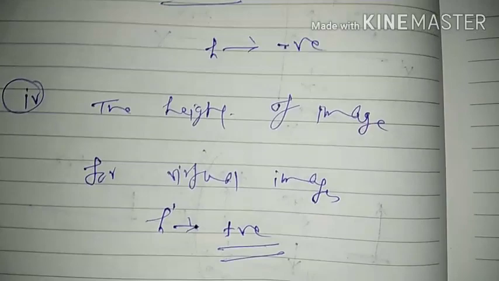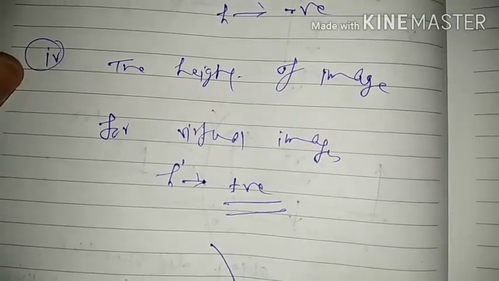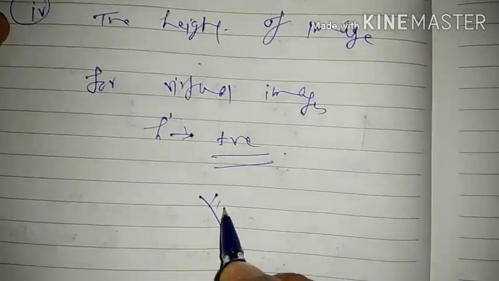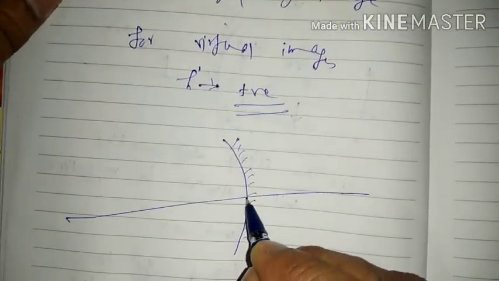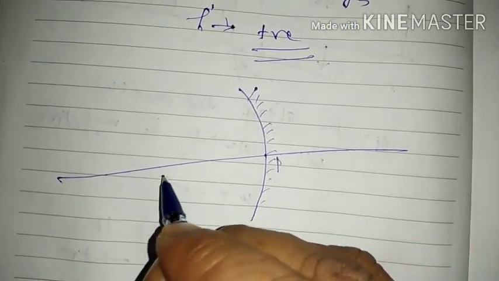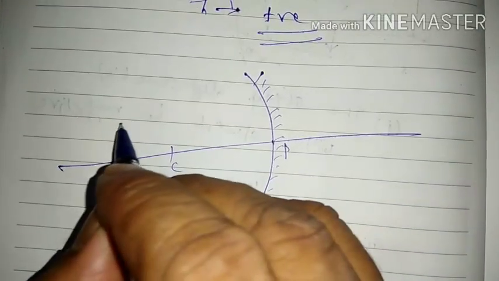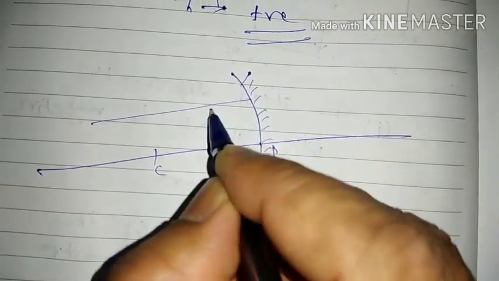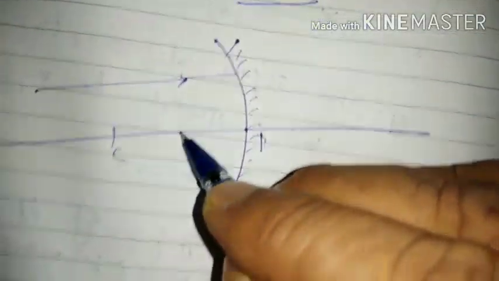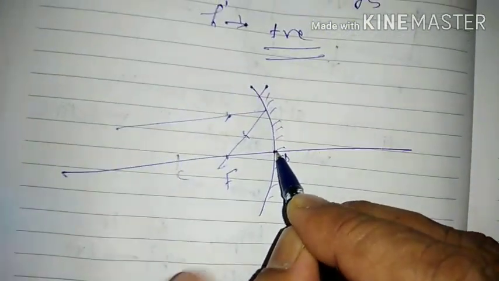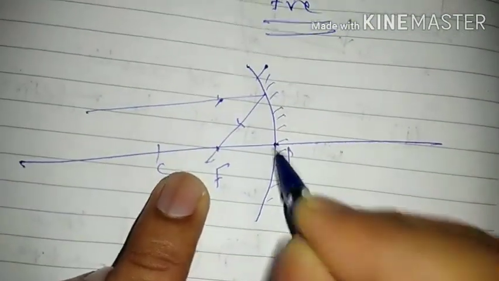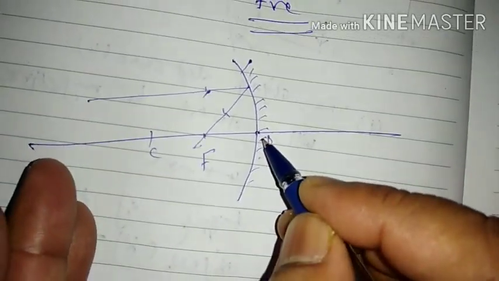Now see one thing which is very important. For a concave mirror, suppose this is our pole, this is the center of curvature, then rays of light parallel to the principal axis after reflection meet at a point, and this point is called focus. What is the position of this focus? This focus is also left of the pole.